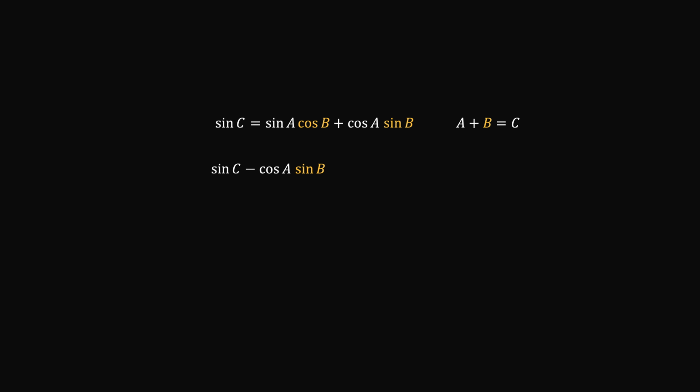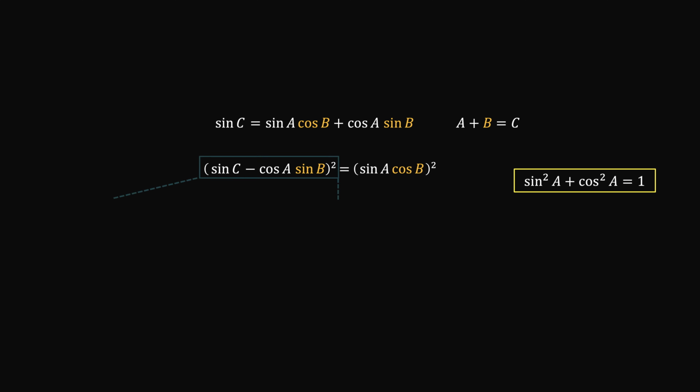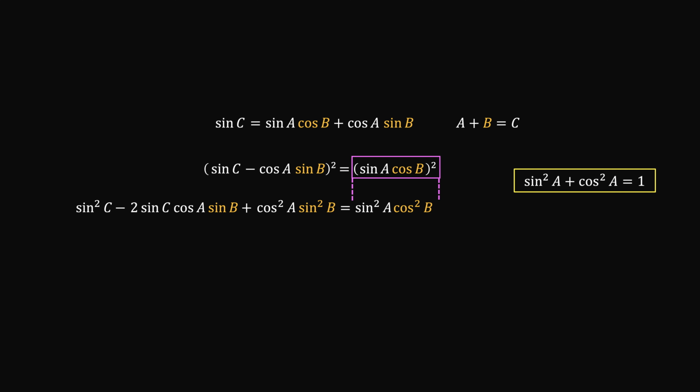Let's move sine B to one side, cosine to the other. This way, we can square both sides to make use of the relationship between sine and cosine. Expand the left equals to sine C squared minus 2 times sine C cosine A sine B plus cosine A squared sine B squared equals to the right side sine A squared cosine B squared.